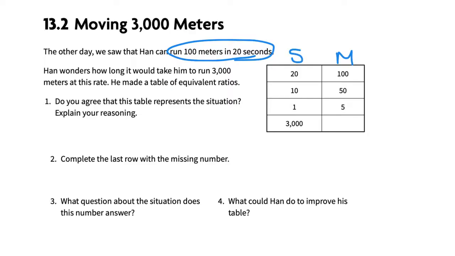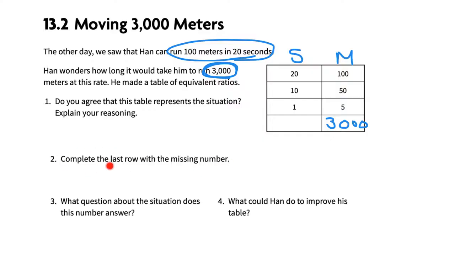So when it says, do you agree with this table, this 3,000 is supposed to represent meters, isn't it? So that 3,000 really needs to be over here, which means we want to erase that 3,000 from the seconds column because it's supposed to be 3,000 meters, not 3,000 seconds.